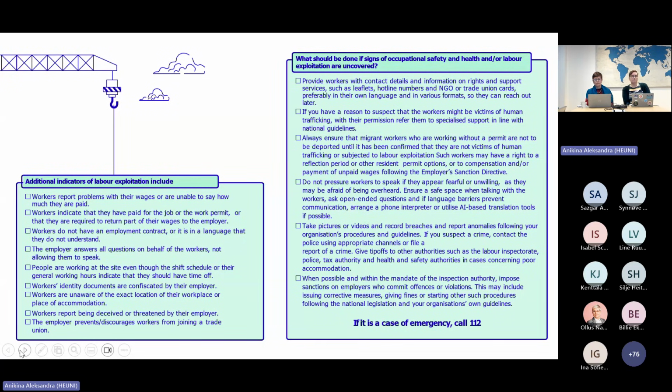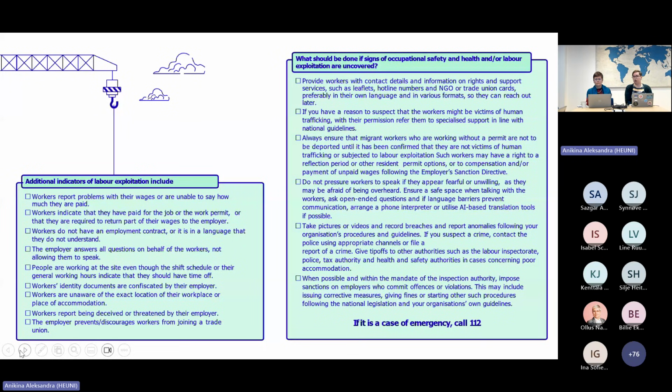But the next section then looks at what should be done if you encounter and detect these signs of safety and health violations or indicators of labor exploitation. And these points obviously start with providing the workers with information, with contact details, so that they can really think about their situation and what would be wise for them to do.